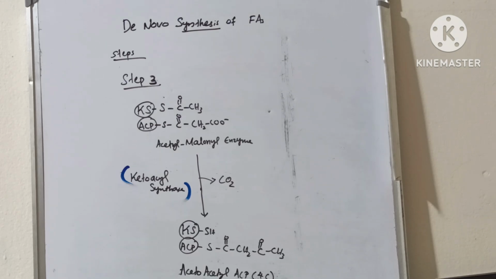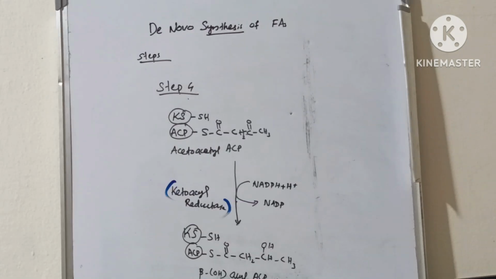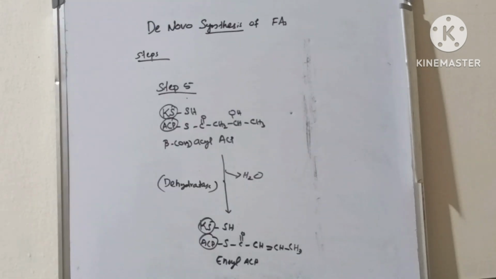There will be release of carbon dioxide and formation of acetoacetyl ACP which has 4 carbon atoms. Step 4 is reduction by the enzyme ketoacyl reductase. Here NADPH is required and forms beta hydroxyacyl ACP and NADP. Step 5 is dehydration by the enzyme dehydratase.